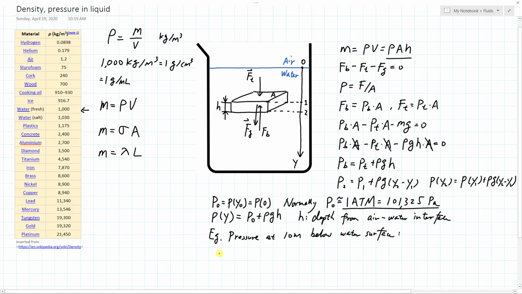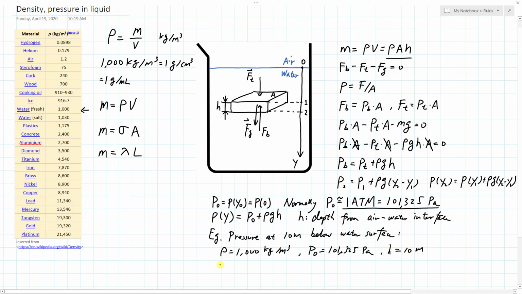Okay, so we have rho, which is equal to 1,000 kilograms per cubic meter for water, and this P0 we'll take as 101,325 pascals, and then we'll use h equals 10 meters, and also g.